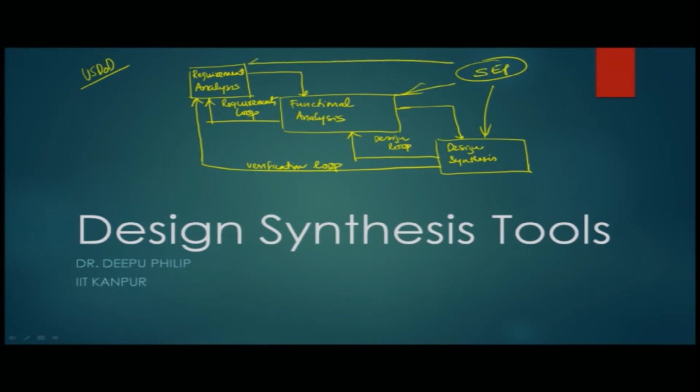We had seen this model, and we also saw that the requirement analysis and functional analysis put together give us the performance requirements plus functional requirements. What are the functions that are necessary?